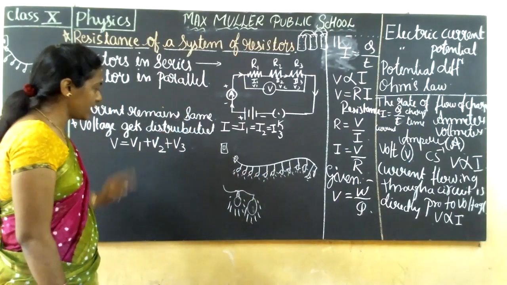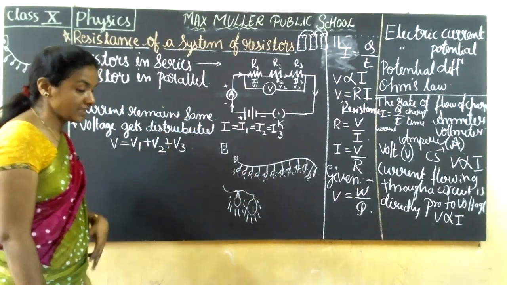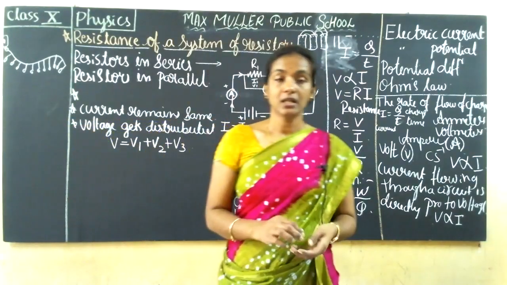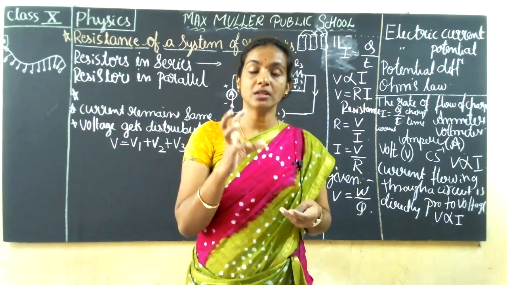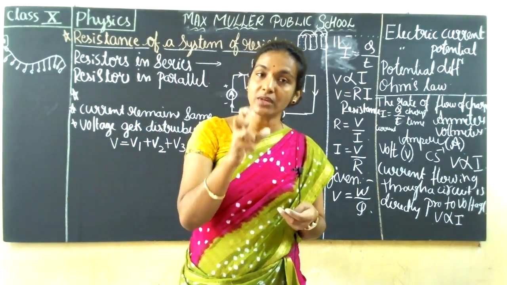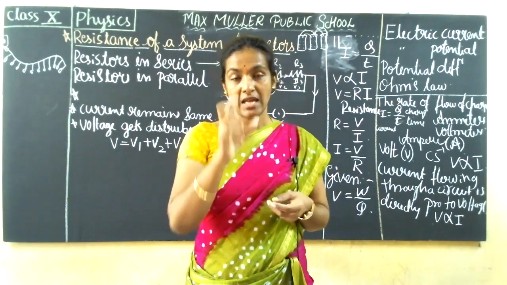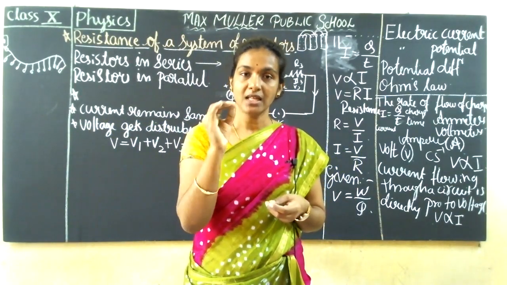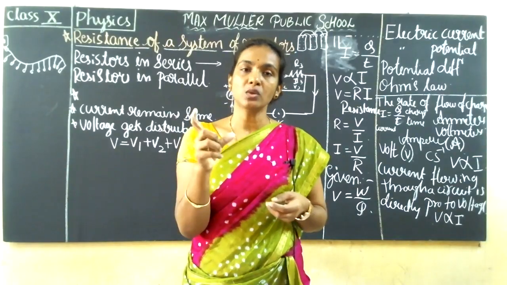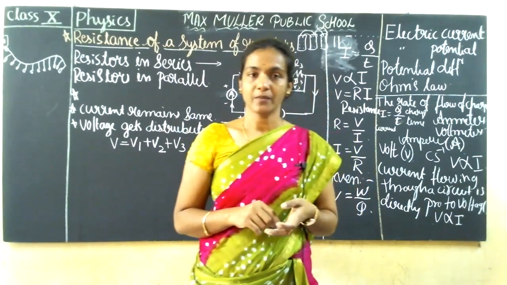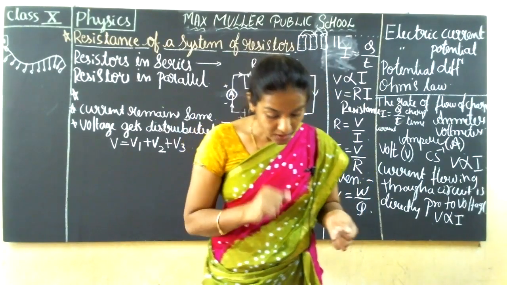The addition of individual voltages in the circuit gives the total voltage in the circuit. So V is equal to V1 plus V2 plus V3. This is the third point.